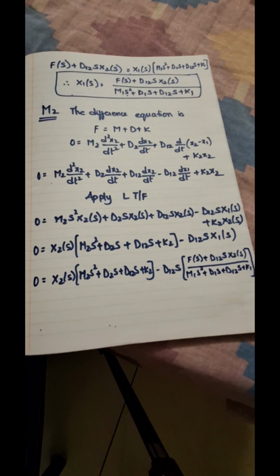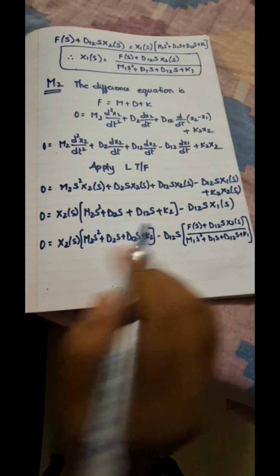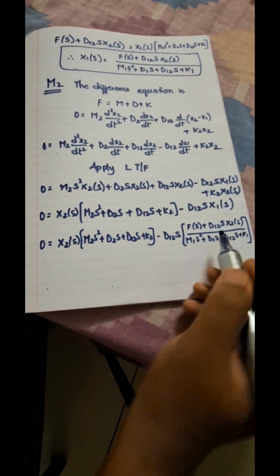Okay. So now let us multiply d12 with this and separate a plus b term here.